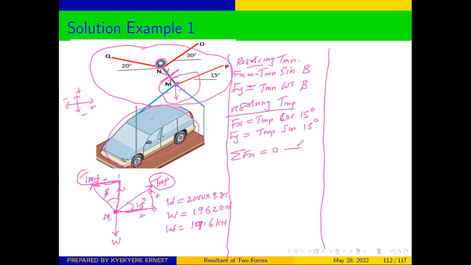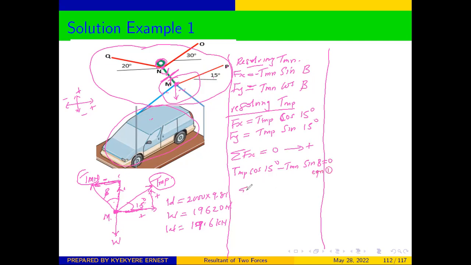When we are moving to the right, it's positive. Therefore, our equation is going to be TMP cos 15 degrees minus TMN sine beta equals 0. Let's call this equation 1.